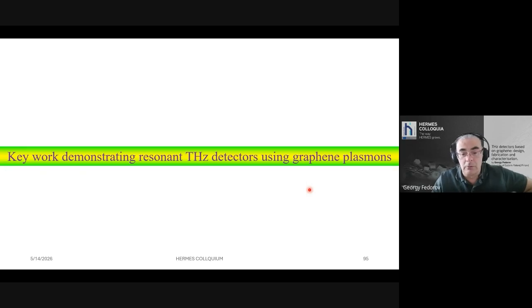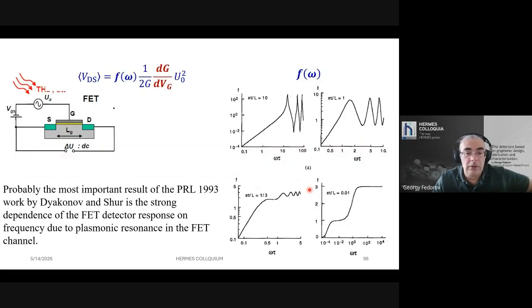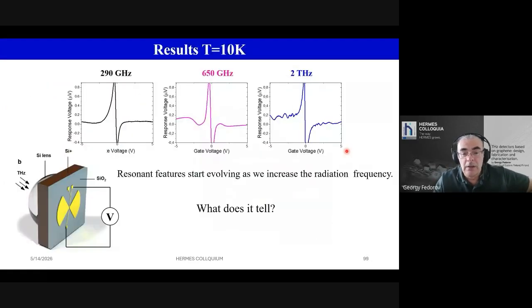And also, quite briefly, the resonant dependence of the response on frequency was demonstrated in another work where I was lucky to participate. We have done measurements for quite a few frequencies.